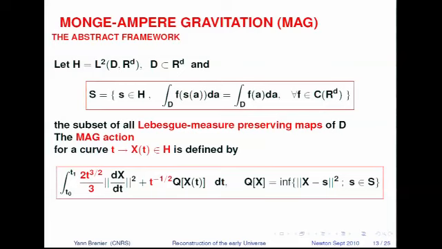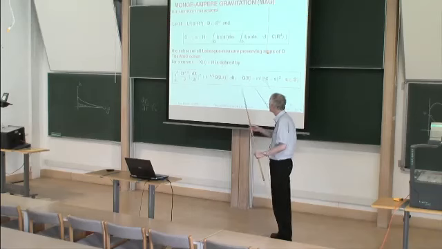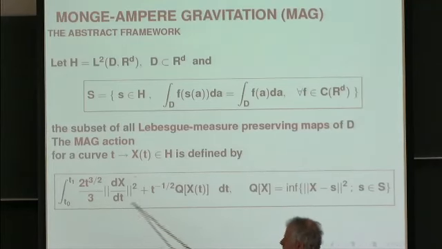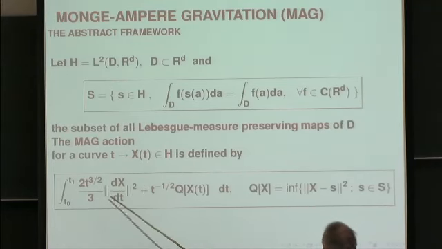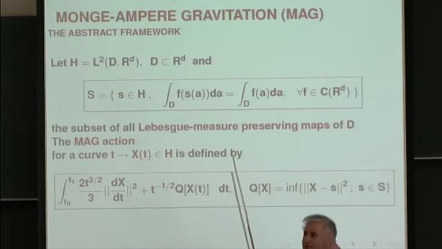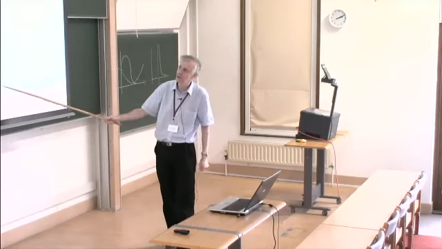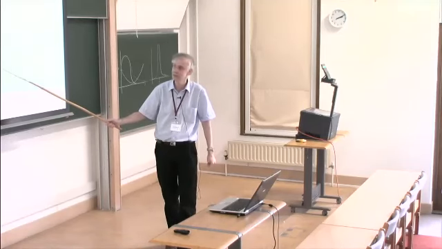So you define, for any curve depending on time in this Hilbert space, a time-dependent map, and you build up the action in this way. There is a kinetic energy part, which is just the velocity. This double bar stands for the L2 norm. So X is infinite dimensional, right? And this is a scaling factor due to this Einstein-de Sitter universe.